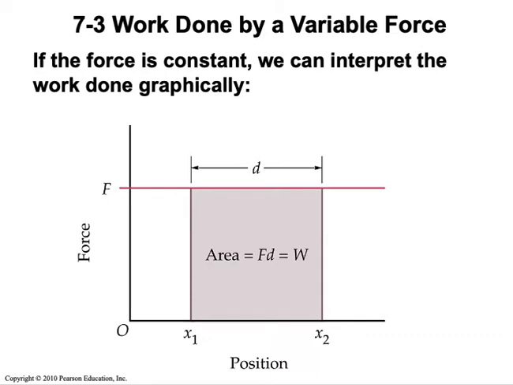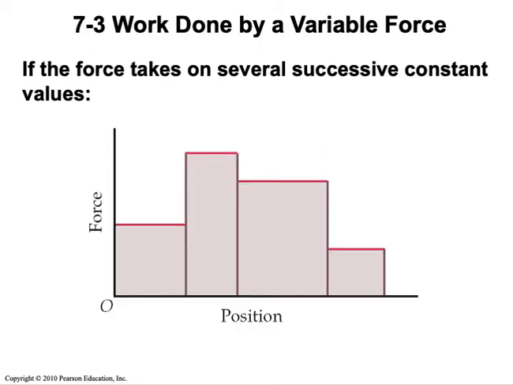Okay, so if you were to vary that force so that you push at 10 newtons and then at 2 newtons and then at 50 newtons, that would be easy. The different works at the different forces would simply be summed.